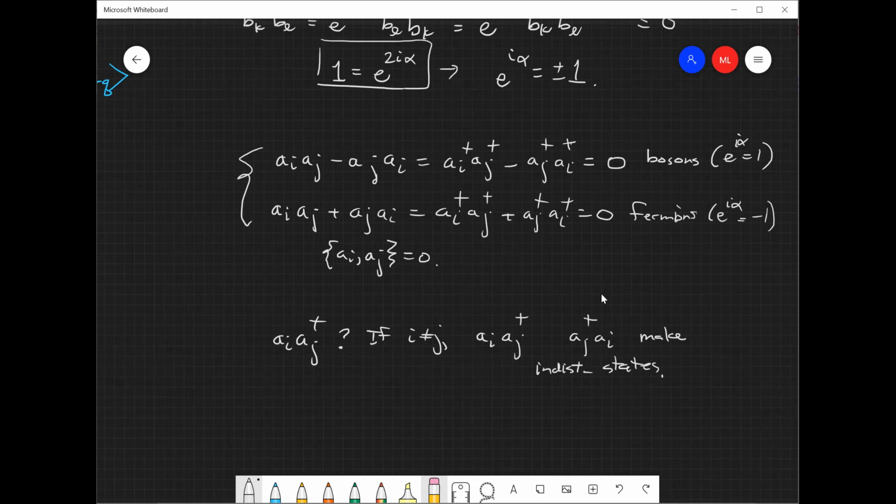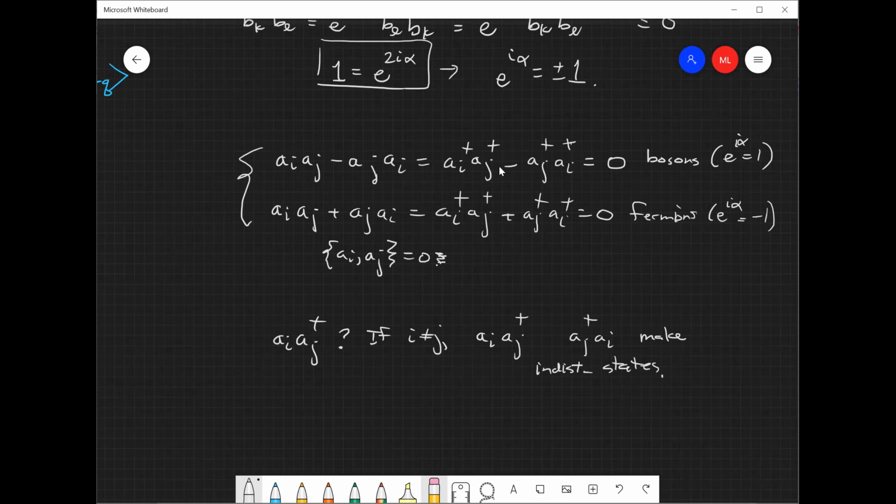So for fermions, it has to be the same thing for these mixed guys too. So either the mixed ones anti-commute, then they're fermions, or if they commute, then they're bosons. But you might worry about what exactly happens if i is equal to j.